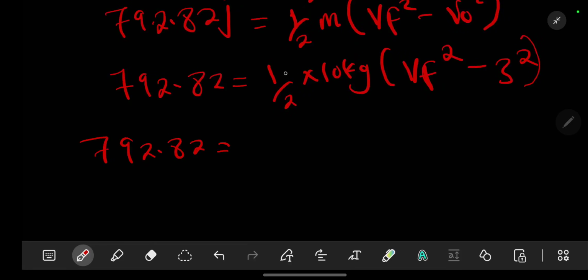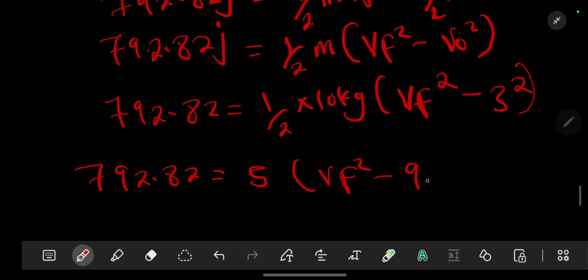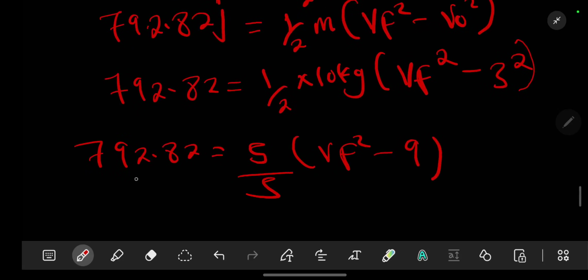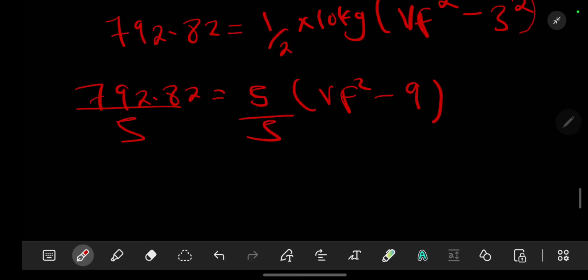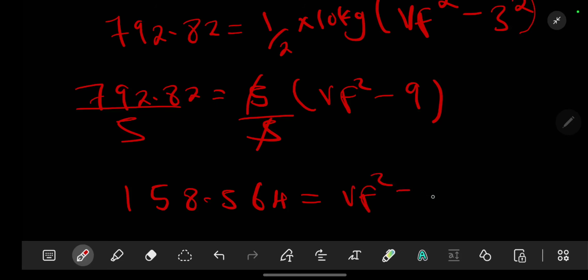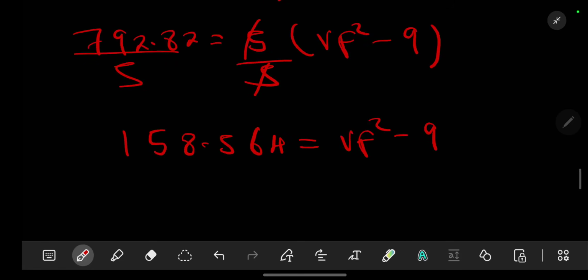Half of 10 is 5, so 792.82 equals 5 times v final squared minus 9. Dividing by 5 gives 158.564 equal to v final squared minus 9.